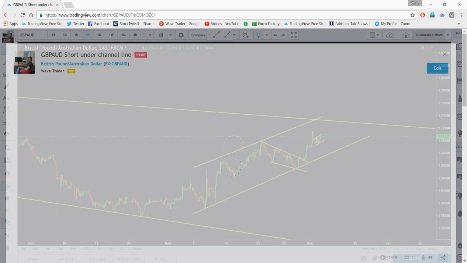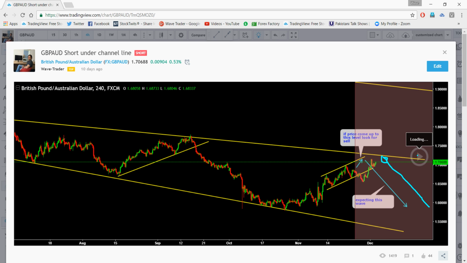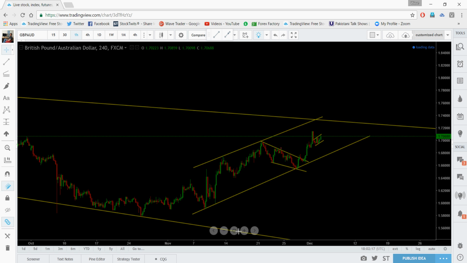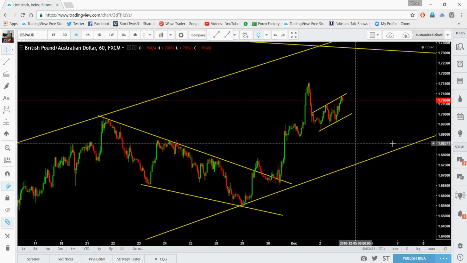In the last idea, I was anticipating that price would come up to this level, and if so, we would look for continuation to the downside. Price is just about to hit that level, the place we were anticipating. Now we are watching price action or the impulse. If we look at the lower time frame, we can see there is an impulse, and that impulse is still not violated.